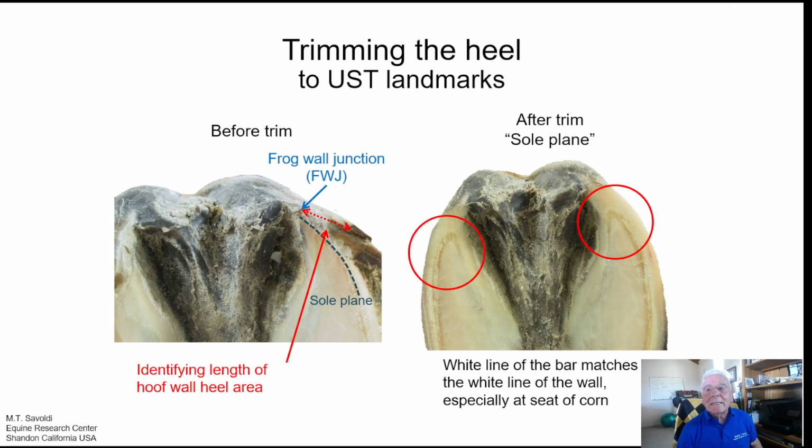And when we look at the other side, we can see that the white line is not equal. That's too much heel you're taking off. Match your white lines and it'll usually trim out to the frog wall junction. But again, be careful until you understand how important it is to read these heels correctly.